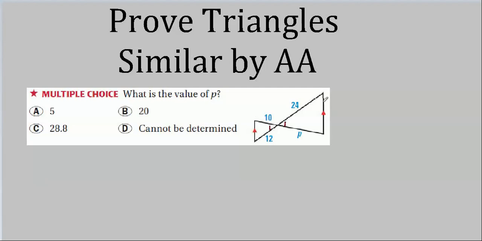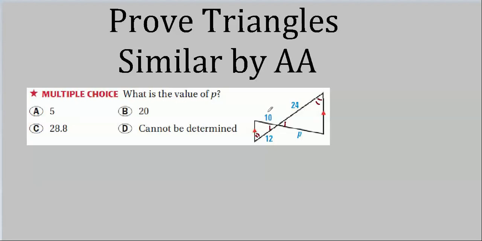These little arrows here tell us that these lines are parallel. So what does that make this here? That makes this a transversal cutting two parallel lines. And that means that these are alternate interior angles, so they're congruent.